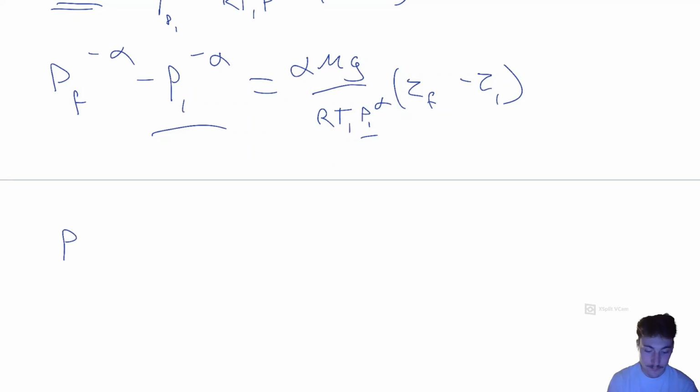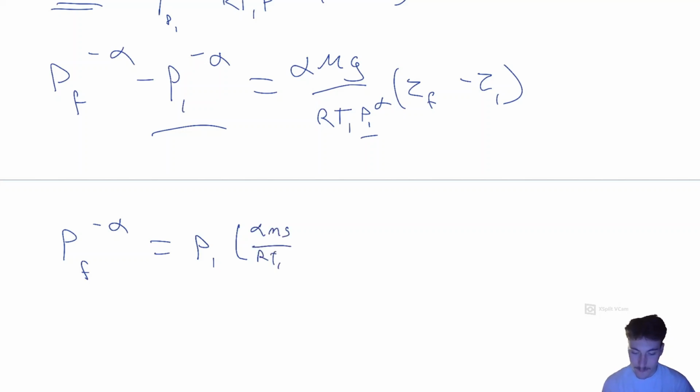Then p final to the negative alpha is equal to p1 times alpha mg rt1, and then z final minus z initial.